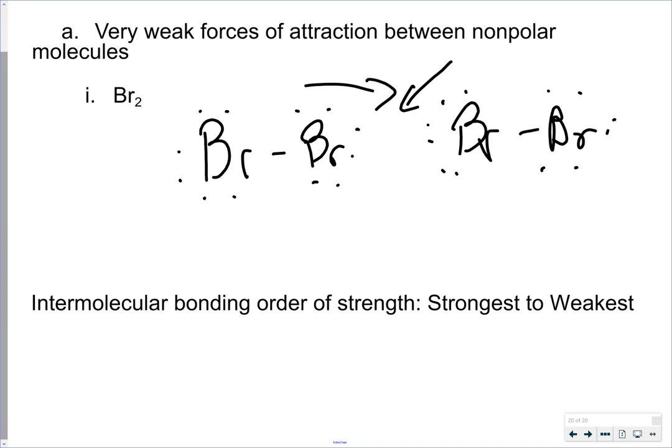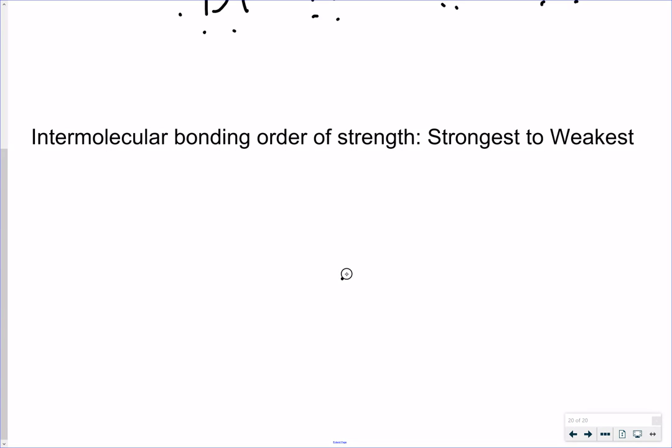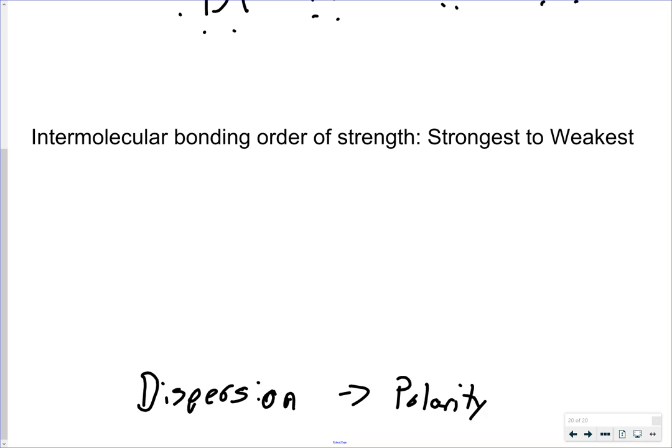So the last thing that I want to leave you with is strongest to weakest. The weakest is dispersion. And this is when your polarity is a no. Next up is a dipole.